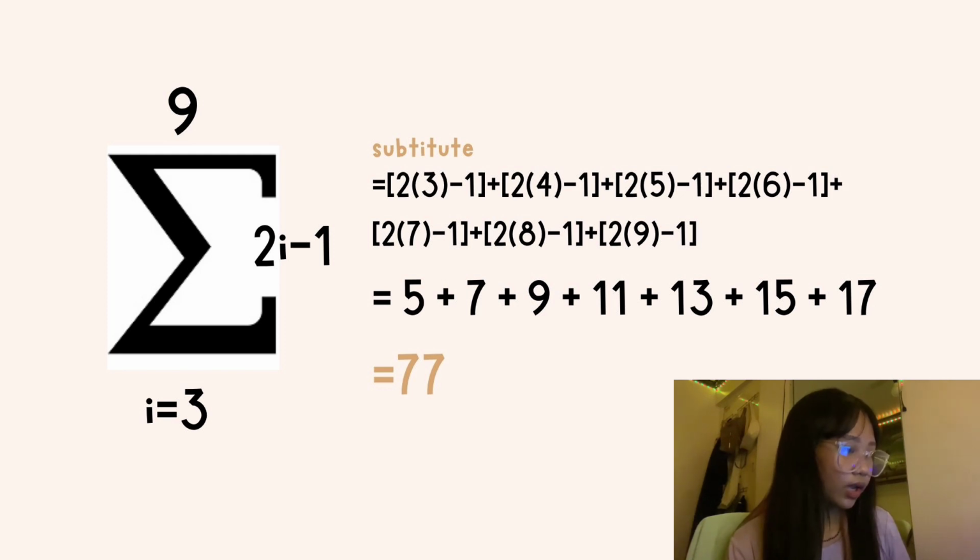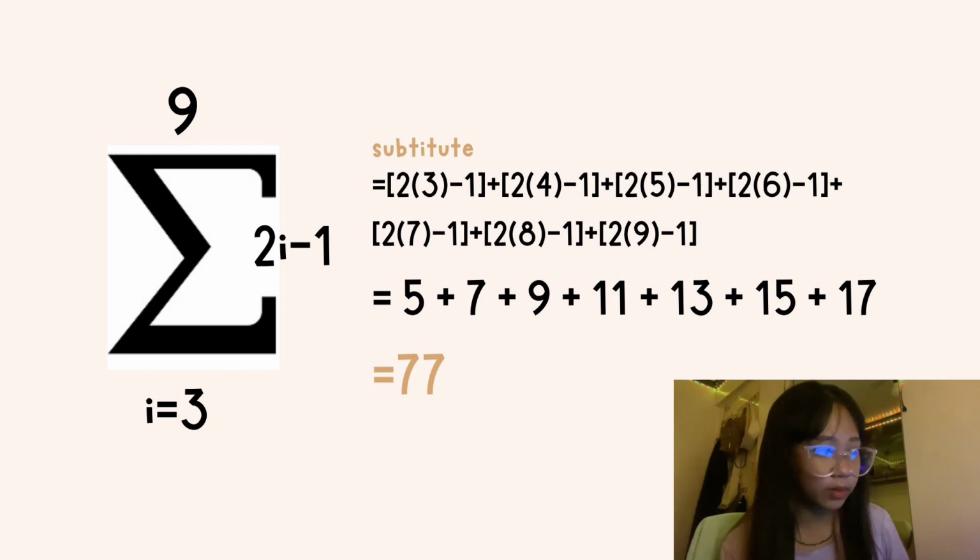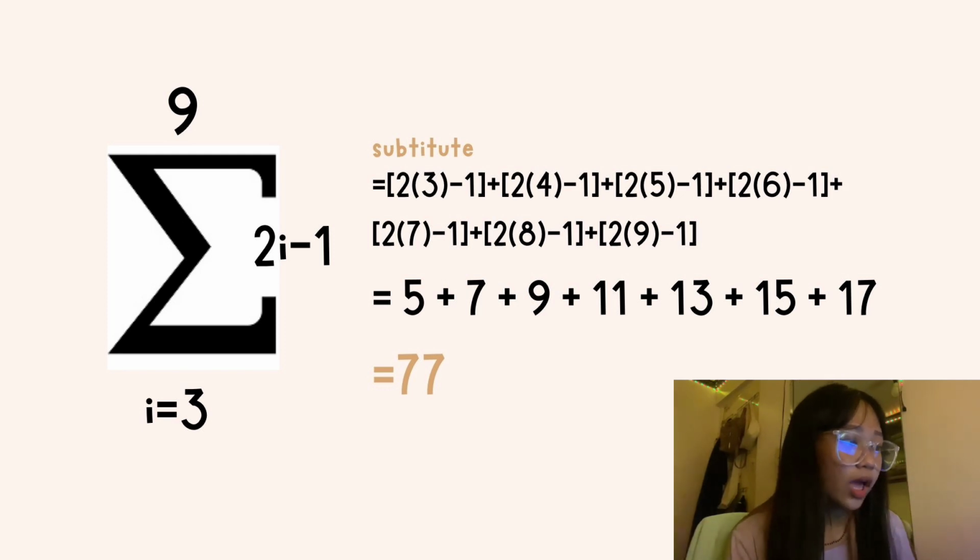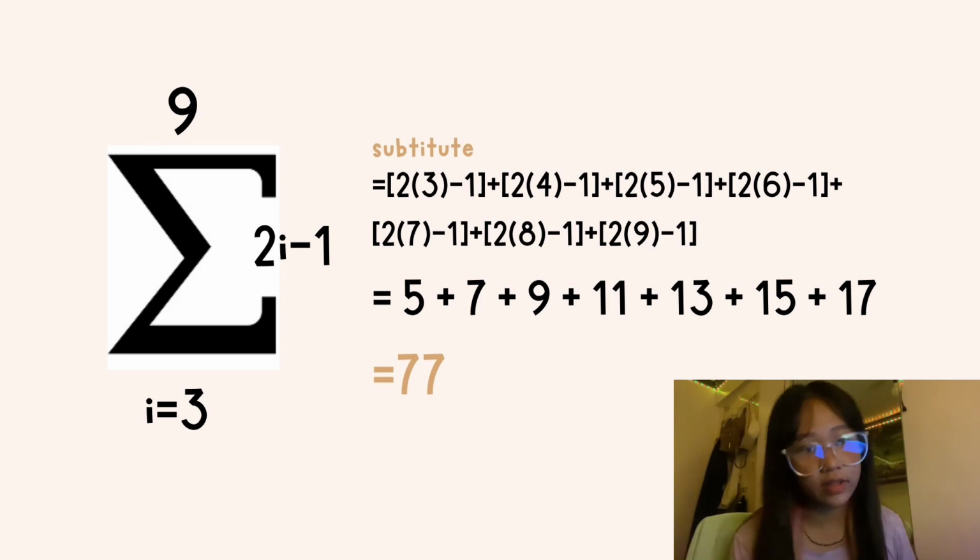After substituting, we will now add up all these terms. 5 plus 7 plus 9 plus 11 plus 13 plus 15 plus 17 is equal to 77. Therefore, the value of the summation of 2i minus 1 from i equals 3 to 9 is 77.